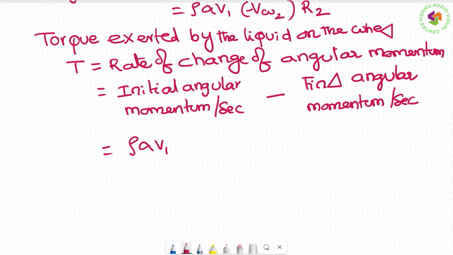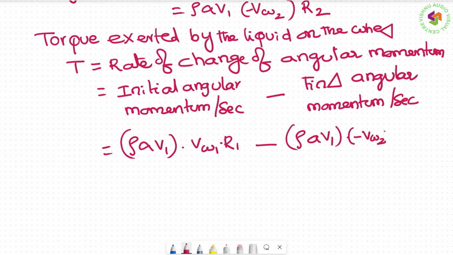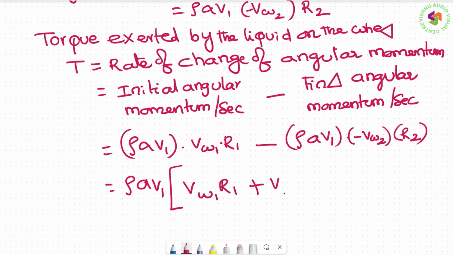It is rho A V1 into VW1 into R1 minus rho A V1 into minus VW2 into R2. Right? If I take it, it is rho A V1 into VW1 R1 plus VW2 R2. That is where I will start.